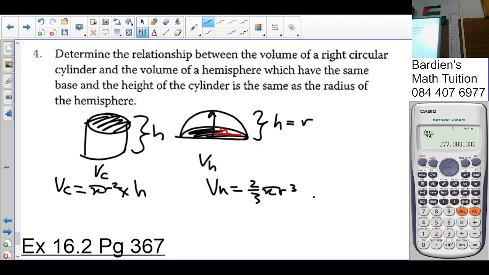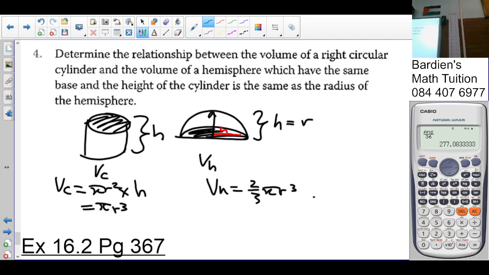So I'm going to then replace H with R. So that's just going to be pi r cubed for the volume of the cylinder, and this remains as 2 over 3 pi r cubed as well.